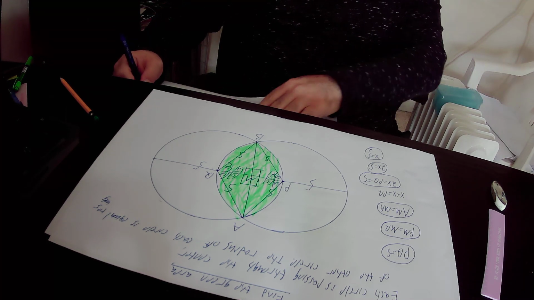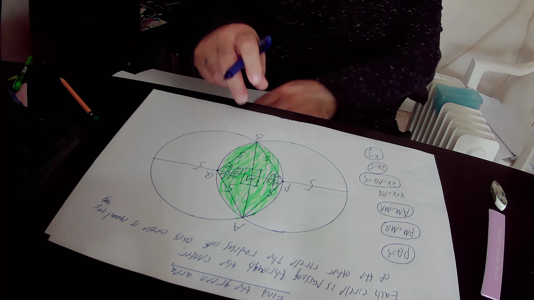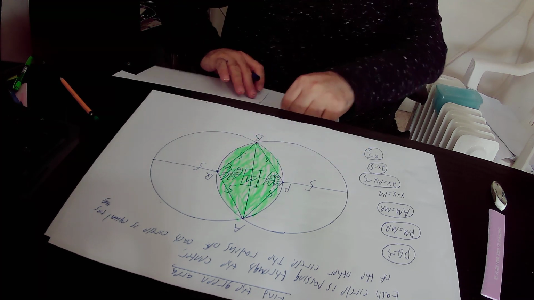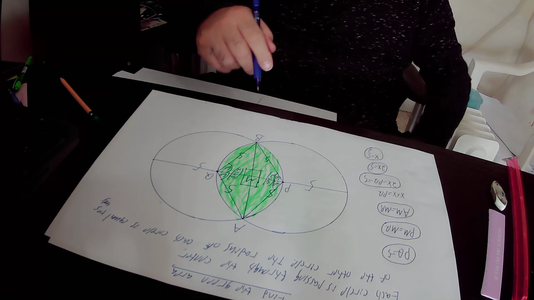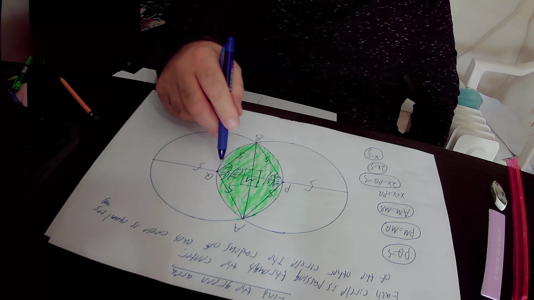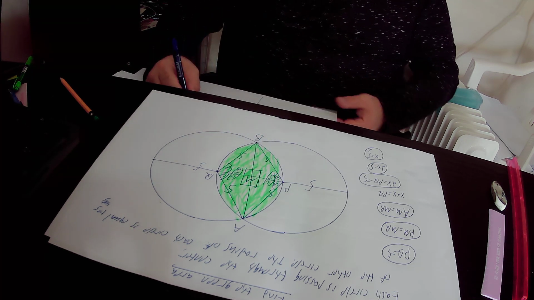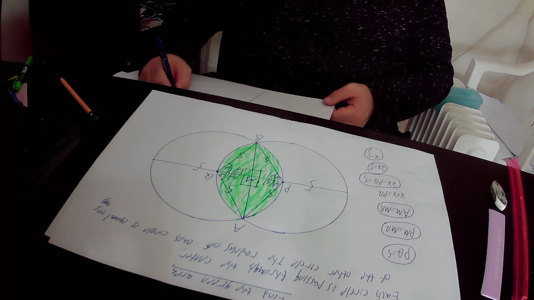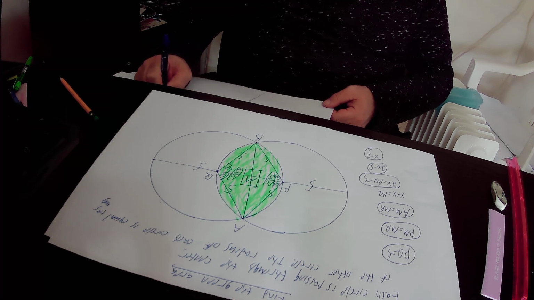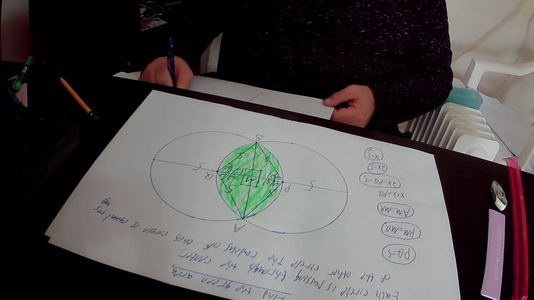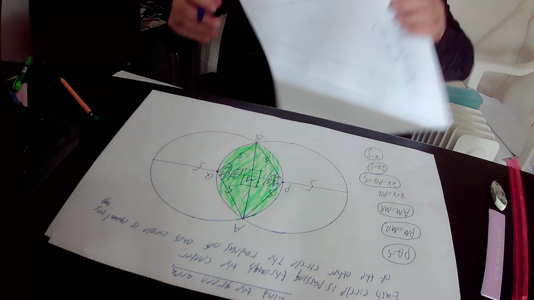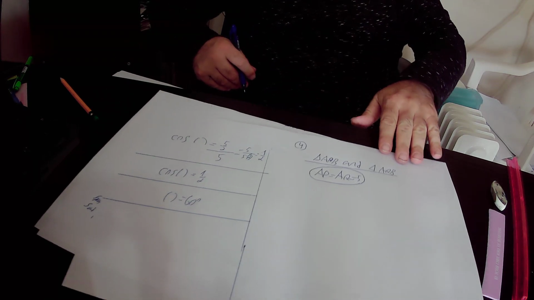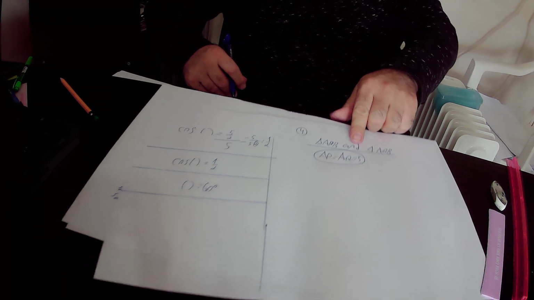So why can those two triangles go into each other? First of all, we know that AP equals AQ equals 5 units.